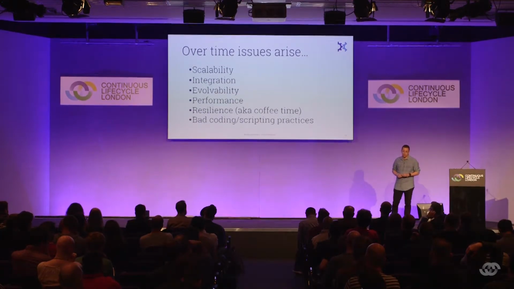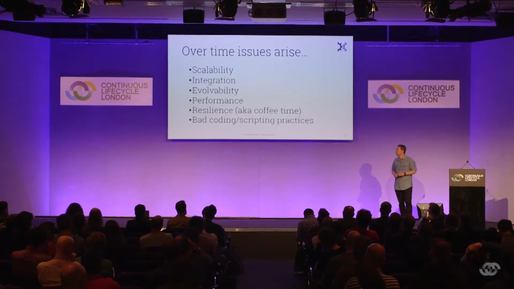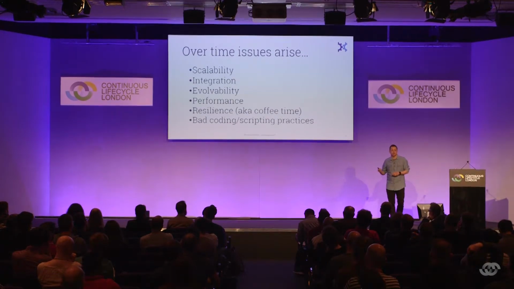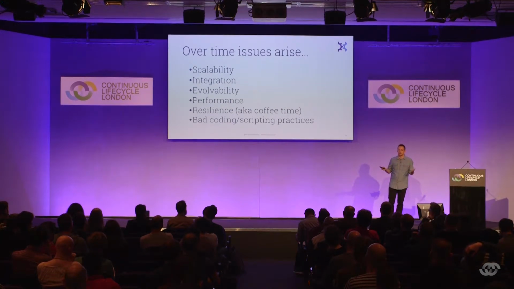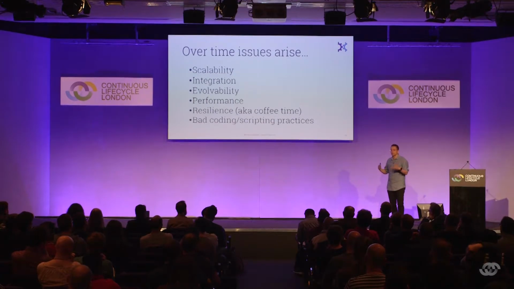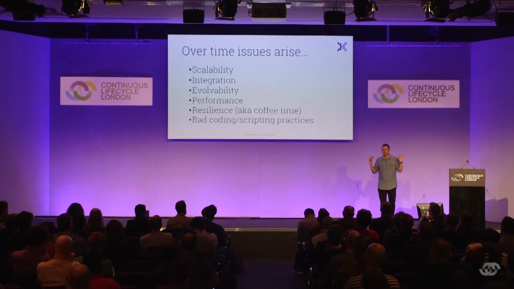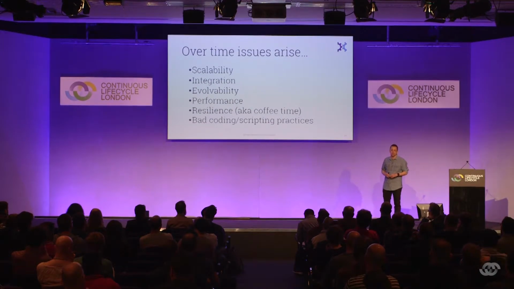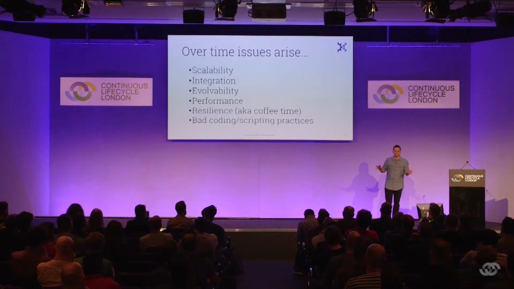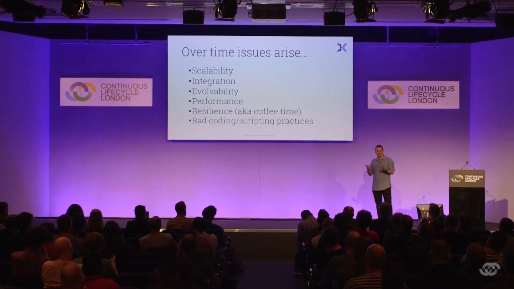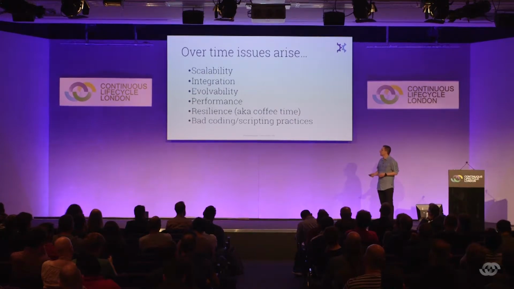It gets hard to evolve the pipeline. And the resilience also is affected. I call it coffee time, because it's when developers say, okay, the pipeline is broken or the tooling is broken. It's not the code, it's not the test, so I'm going to have a coffee, a really long coffee, because this tends to take probably hours to get fixed and have the delivery system up again.